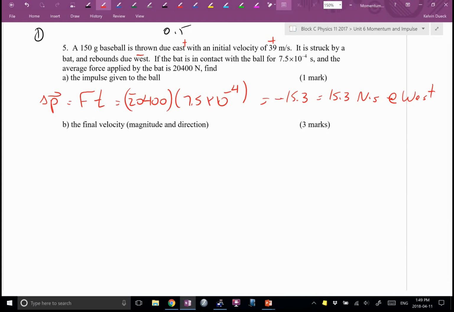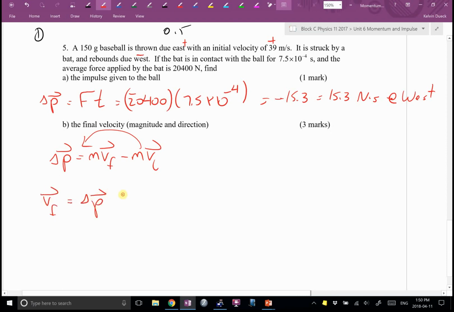Dylan, what's B want me to find? Force, well, you know what? Impulse equals mv final minus mv initial. I guess I can plus this to that side and divide by m. I'll get v final equals my impulse plus mv initial divided by m.